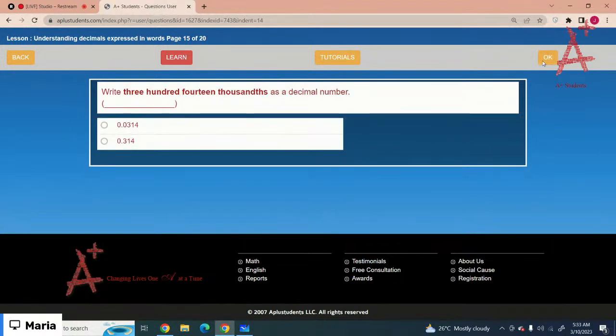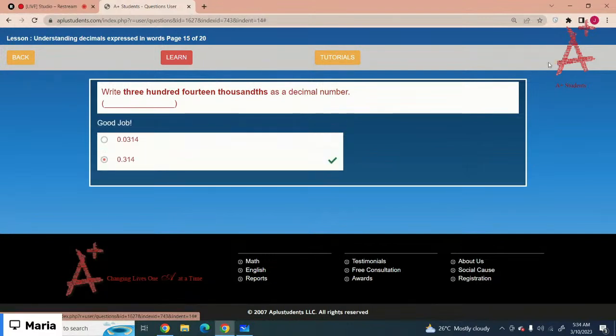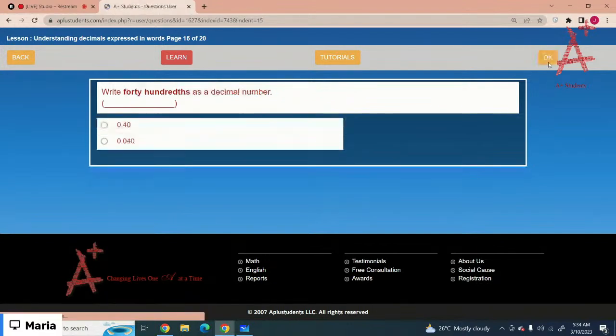Okay, write down 314 thousandths, which is the correct option. So it is 0.314. Very good. Okay, the next one is write 40 hundredths as a decimal number.